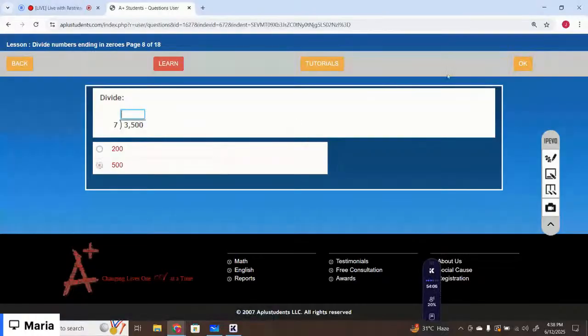Option number two is the correct option, that is fine. 3,500 divided by 70, which is the correct option?